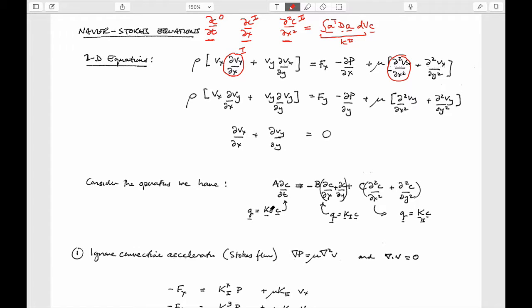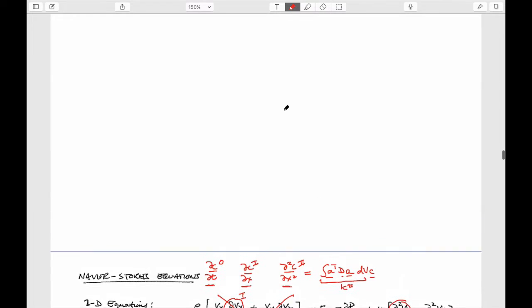So what we're going to do is solve for what is referred to as Stokes flow. And Stokes flow is just where density goes to 0. So in other words, it's the case where we drop out these first terms.